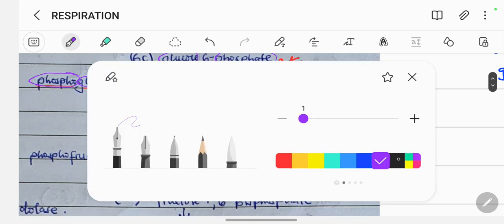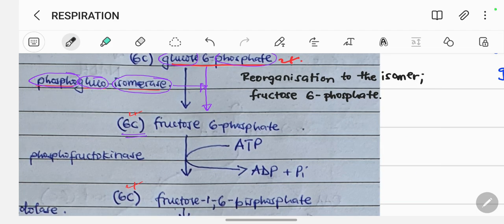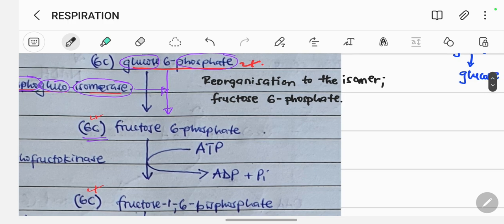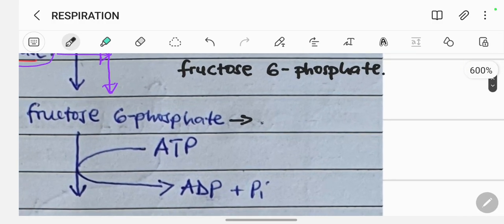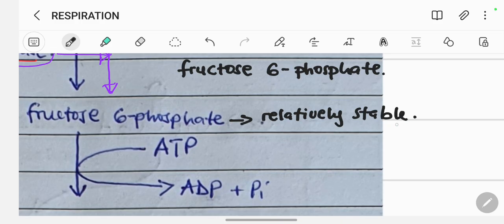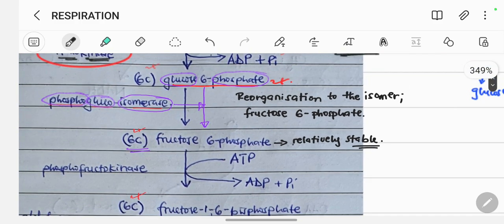Then, when you move on, you find out that at least this one is relatively stable. And you find out that stable compounds are not reactive.